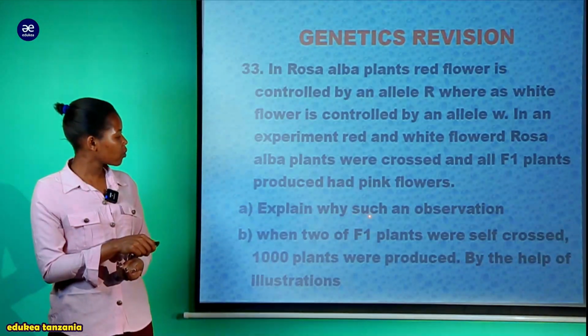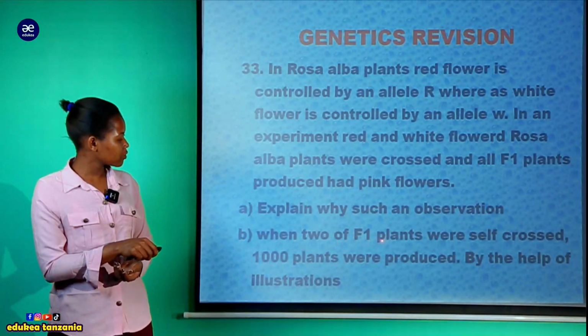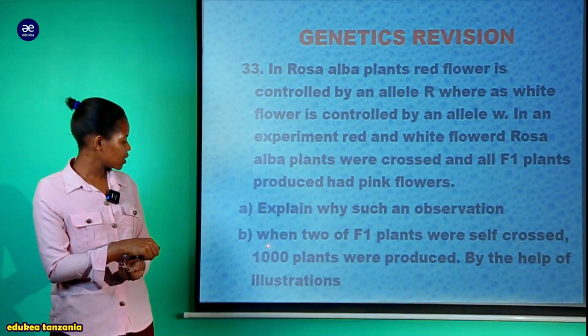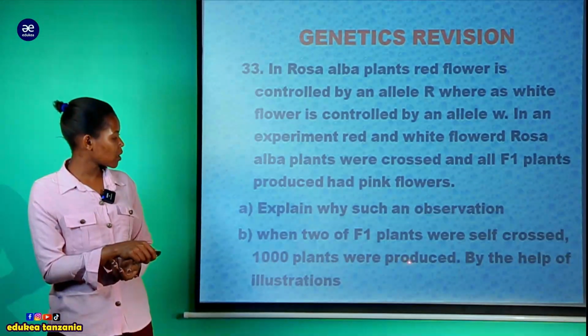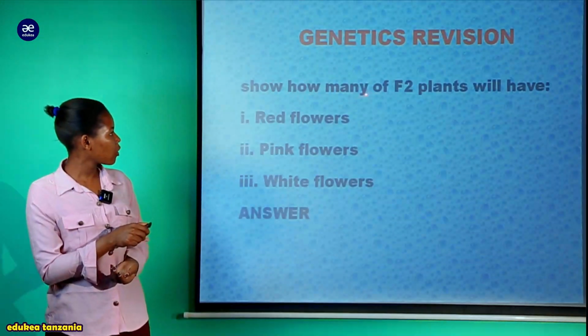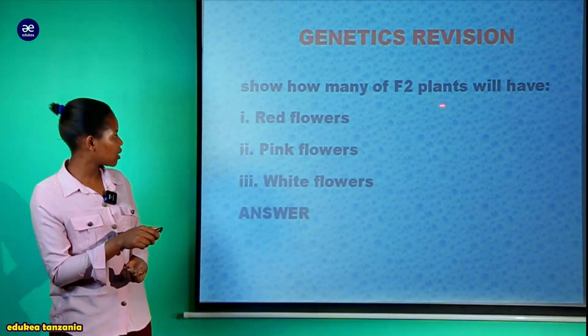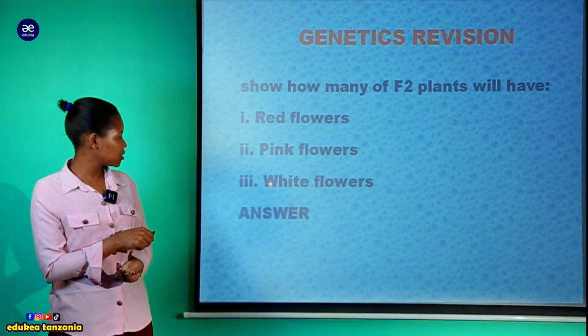A. Explain why such an observation. B. When two of the F1 plantis were self-crossed, 1,000 plantis were produced. With the help of illustration, show how many of the F2 plantis will have 1, red flowers, 2, pinky flowers, 3, white flowers.